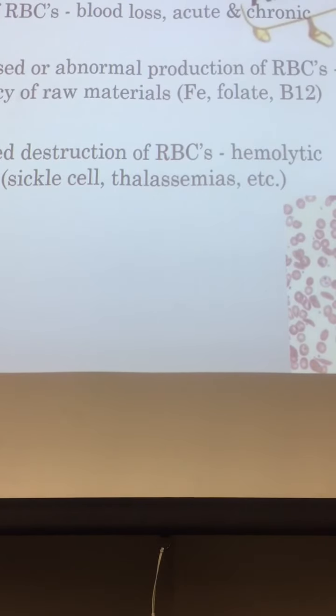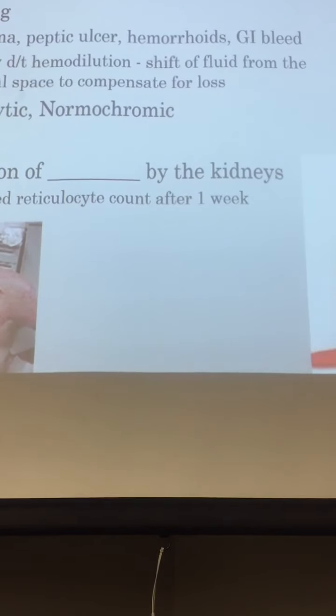Moving on. So here's our acute blood loss again. Trauma, ulcers. We'll talk about ulcers in a little more detail later on. But that's internal bleeding, right?